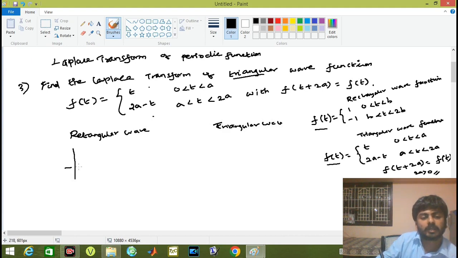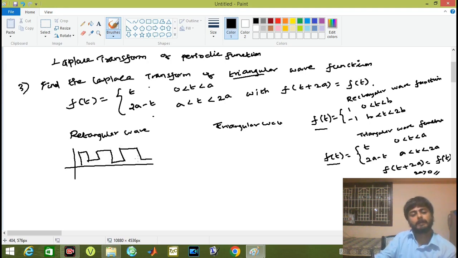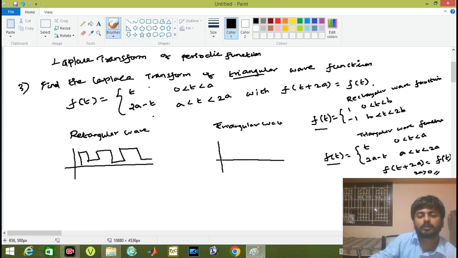Here the rectangular wave will be something like, okay, it may be like this. The triangular wave is something that looks like this.